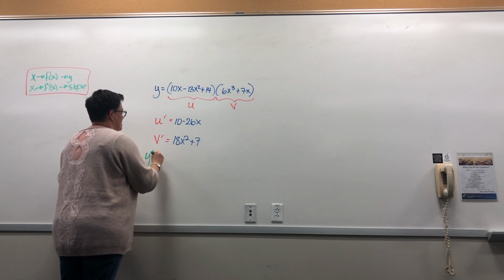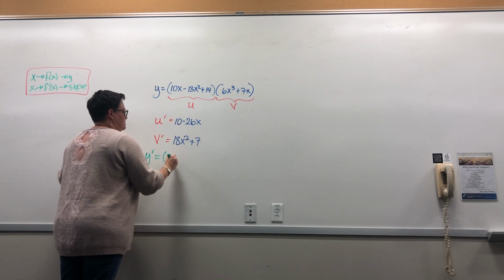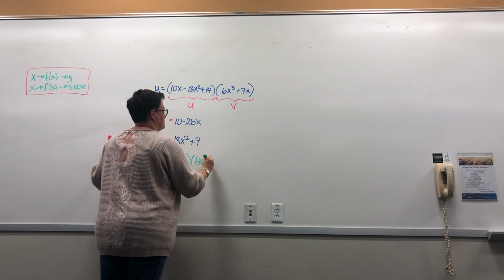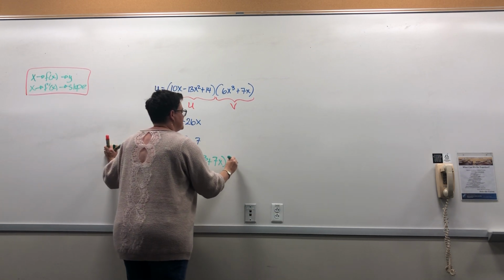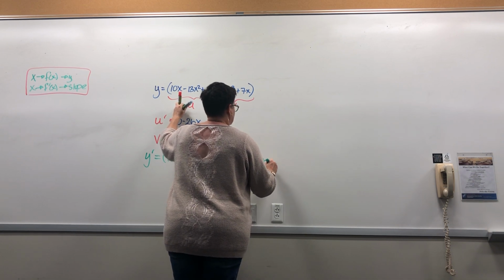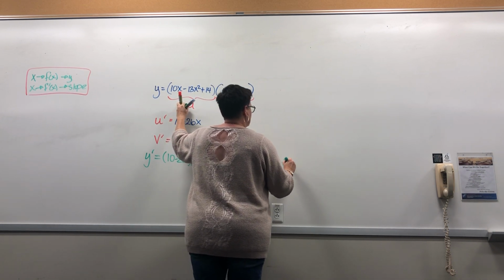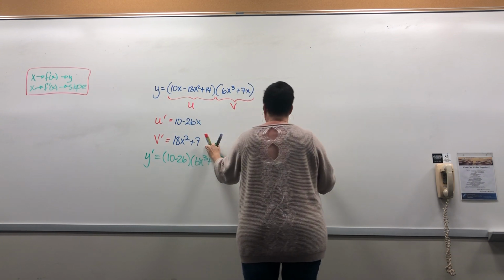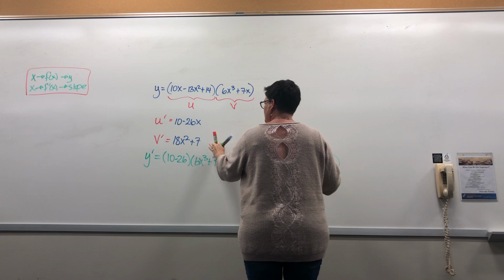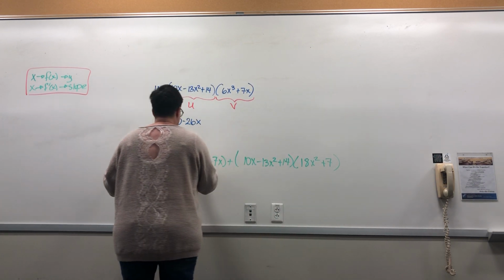So y prime here is u prime times v plus u times v prime. You forgot an x on the 26. I sure did.